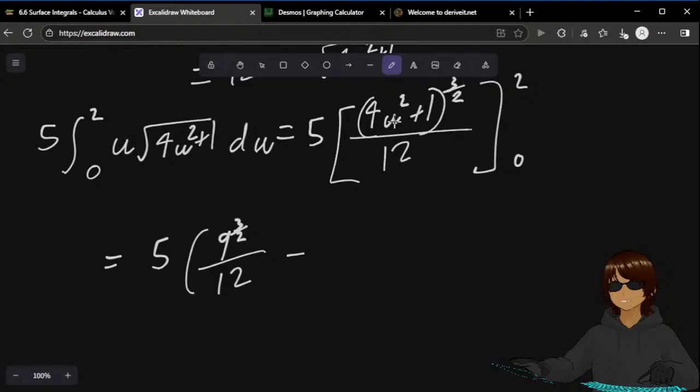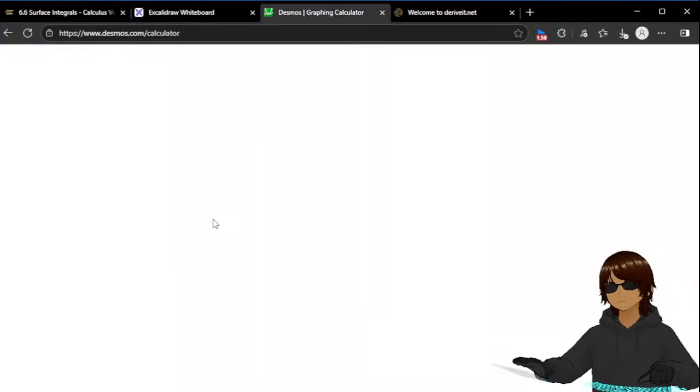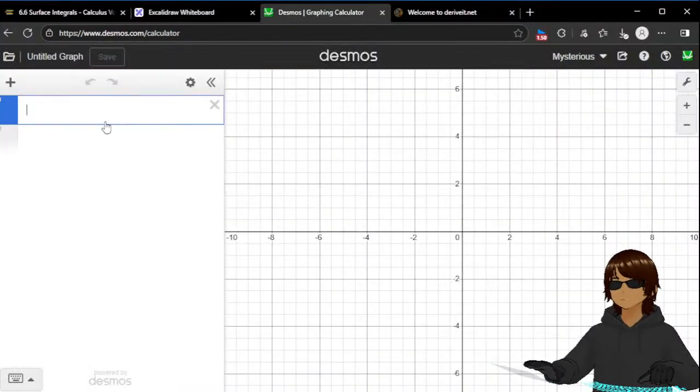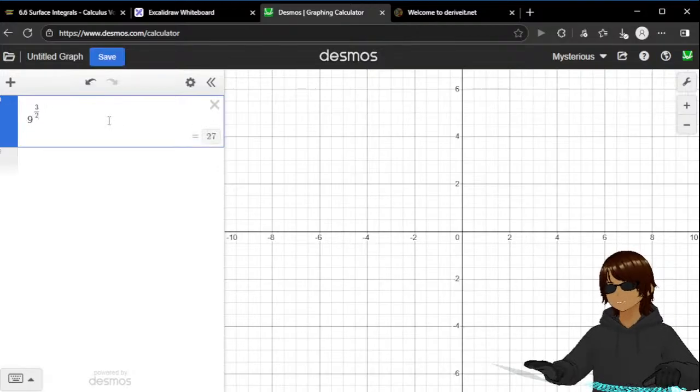Then minus it with, then we put 0, 1 over 12. Nine, 3 over 2 is 27.